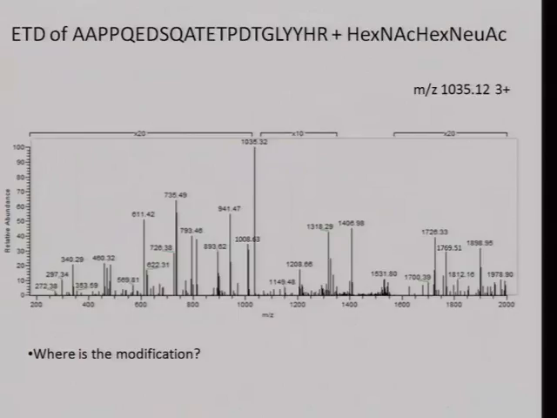And so here is the corresponding ETD spectrum, and we're going to go through again and see if we can work out where this modification is attached. So the precursor was a 1035 3+. So that's actually the precursor ion, and these are the fragments.